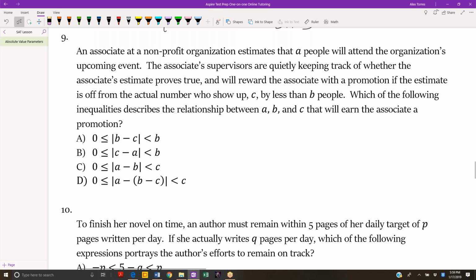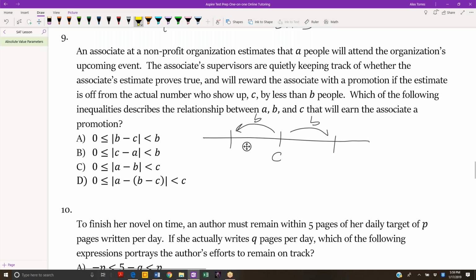So we're saying that we've got the people who actually show up, which is C. And then we've got these two numbers that are off by B, is what the problem says. So this distance and that distance is B. This question is a little different from everything we've been doing before, because we've been loosely using the variable x.